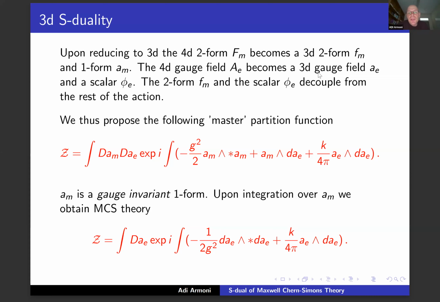If we integrate over AM, it's an easy integration, and we get the electric theory. Upon integrating AM, what we get is the first term, the Maxwell theory in 3D, and the second term, the Chern-Simons. So using this master partition function, upon integrating AM, I found Maxwell-Chern-Simons theory.